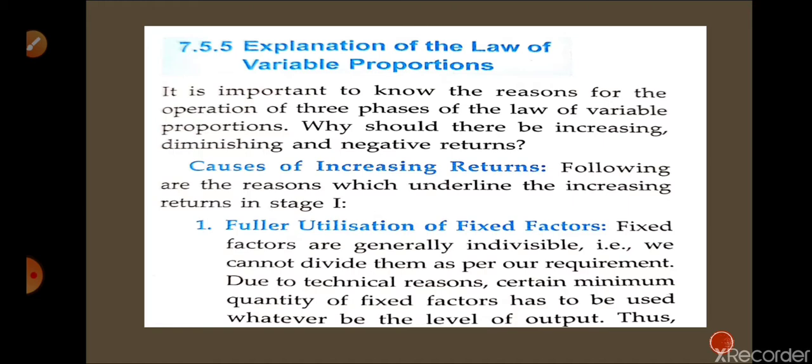As I told, suppose you have 5 machines and only one worker, so the number of variable factor is 1. So only one machine is working and the remaining 4 machines are not in use. When you apply a second worker, then 2 workers are working.